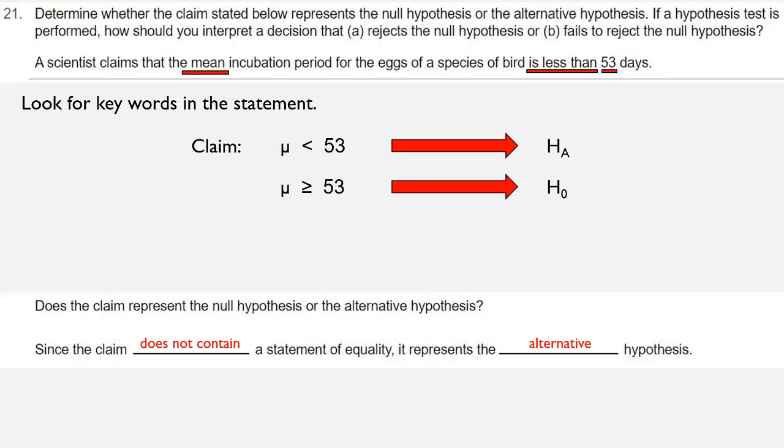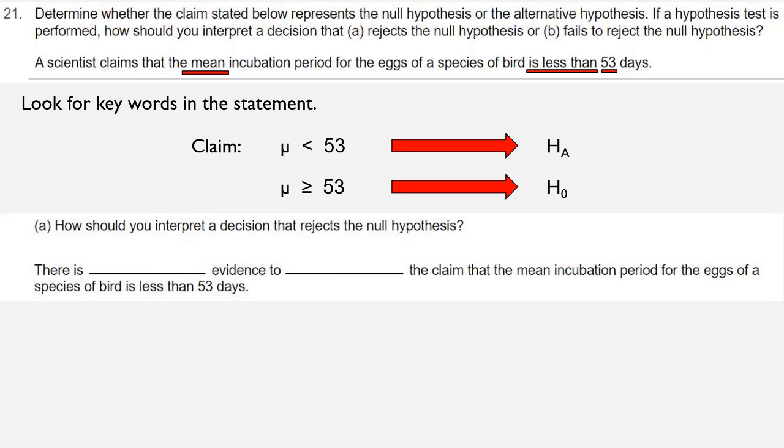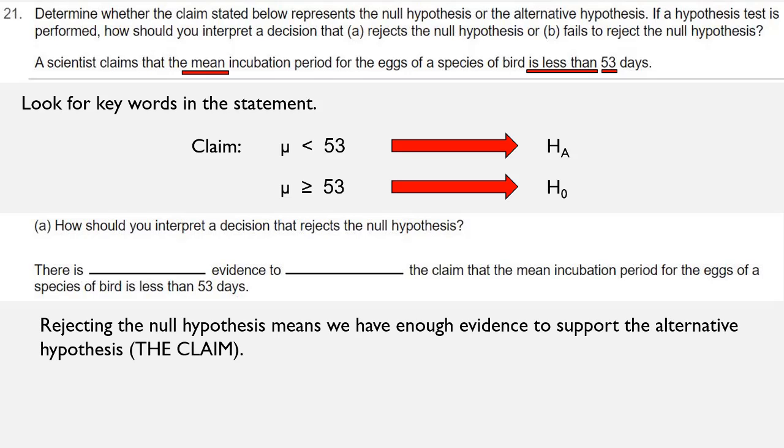Now we're asked to figure out how we should interpret the decisions. So how should you interpret a decision that rejects the null hypothesis? Well, remember that rejecting the null hypothesis means we have enough evidence to support the alternative hypothesis, which is the claim in this problem.